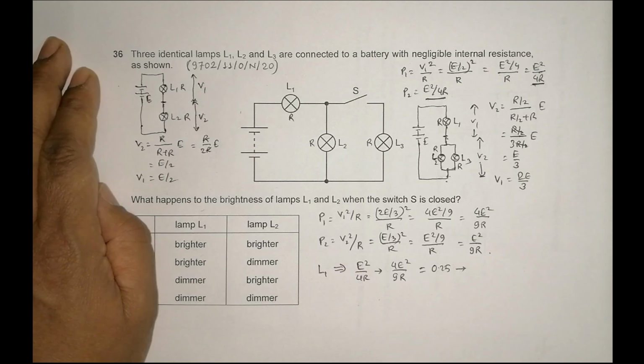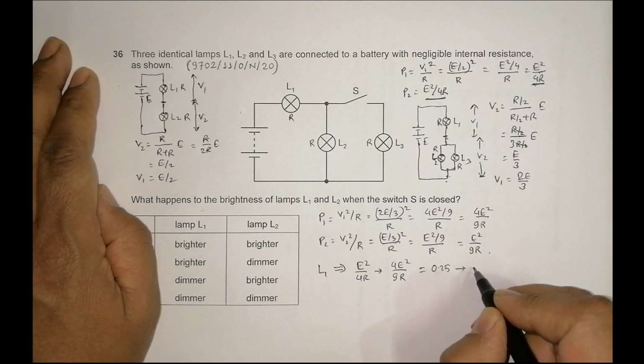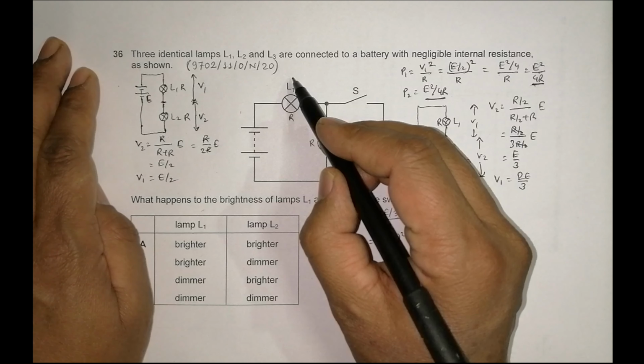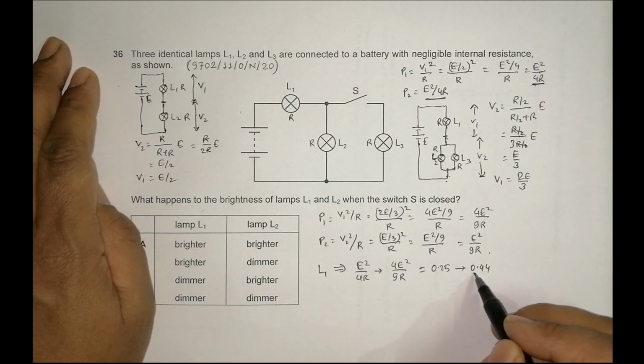I am slightly weak in mathematics. One of the comments that I received was, you use a calculator even for small mathematics. So in fact, yes, my habit has been spoiled. So 4 divided by 9 is equal to 0.44. That means this lamp will be brighter. It is consuming more power now. So this lamp should be brighter.